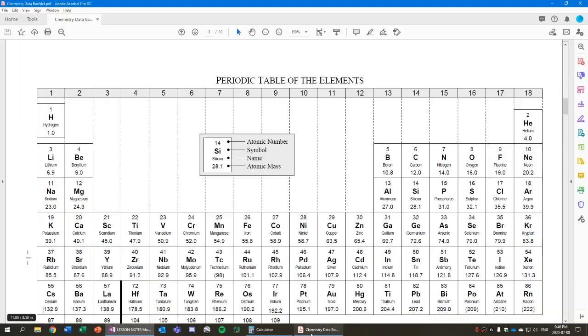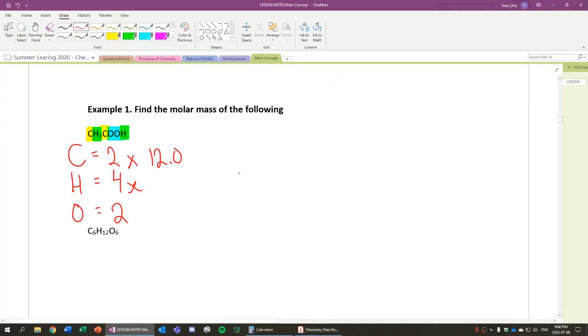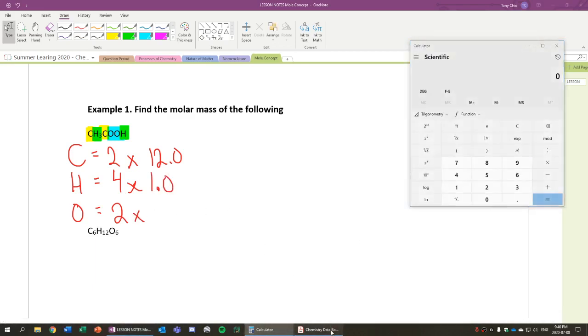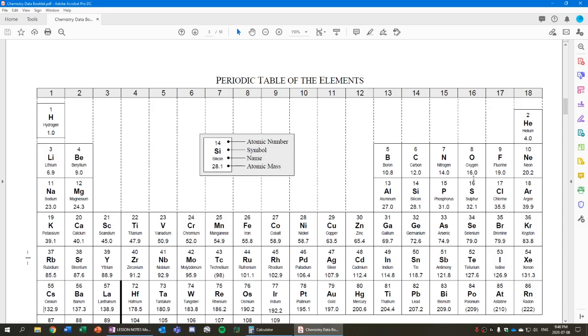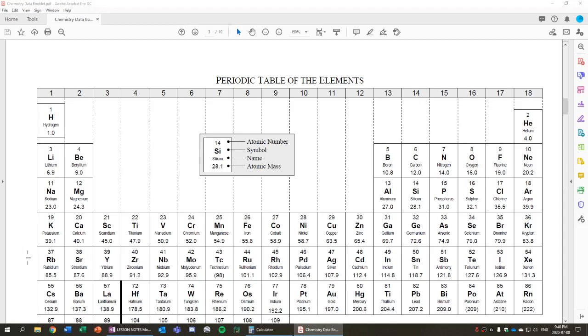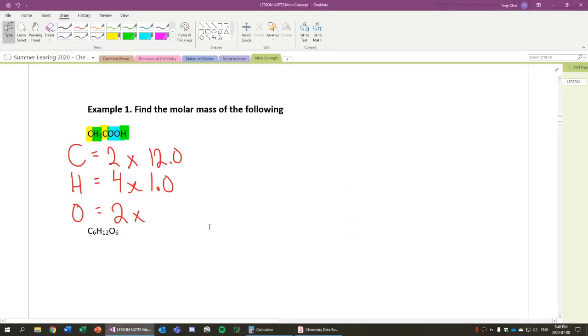Hydrogen is right up here. 1 hydrogen is 1.0, then we multiply it by 4. Oxygen is 16. 1 mole of oxygen is 16.0, times 2.